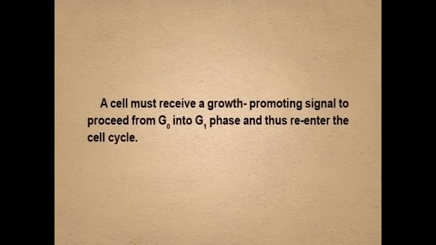Cells that are arrested in this state, which includes the majority of cells in the body, are said to be in the G0 state to distinguish them from the typical G1 phase cells that may soon enter S phase. A cell must receive a growth-promoting signal to proceed from G0 into G1 phase and thus re-enter the cell cycle.